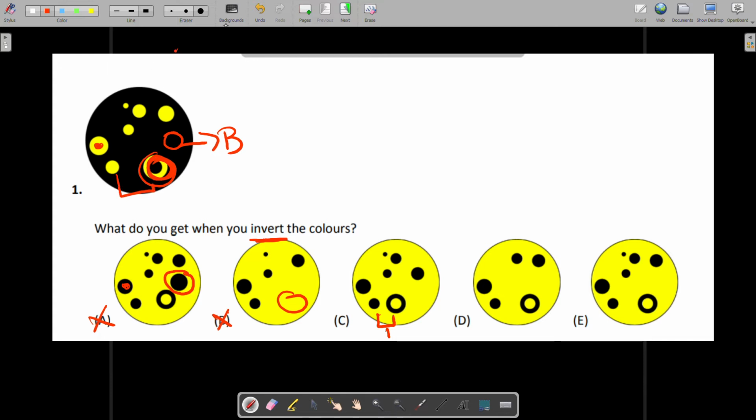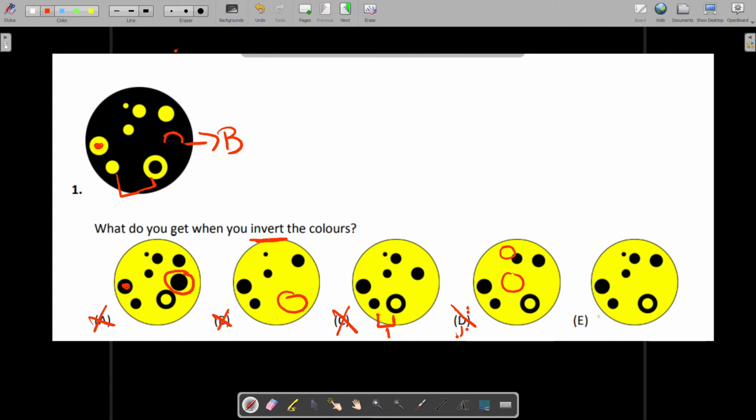So let me just erase these marks so it's clear. As you can see, there's a bigger distance in the original figure when compared to option C. So option C is also ruled out. Now let's look at option D. Option D does not look like the correct answer because we are missing a dot here and the really small dot up in the corner from the original figure. So option D is also ruled out.